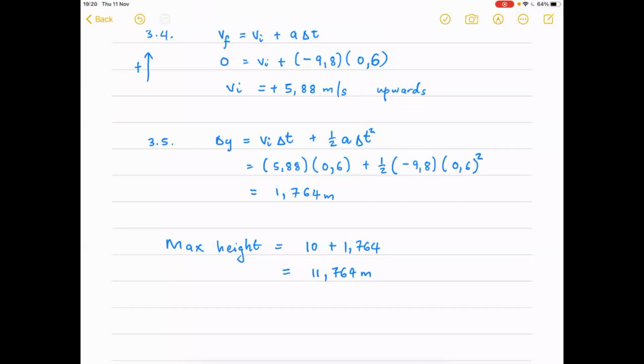Okay, so to find the maximum height, when you find your delta y, just add the height from which you were starting. Okay, so that's 3.5.